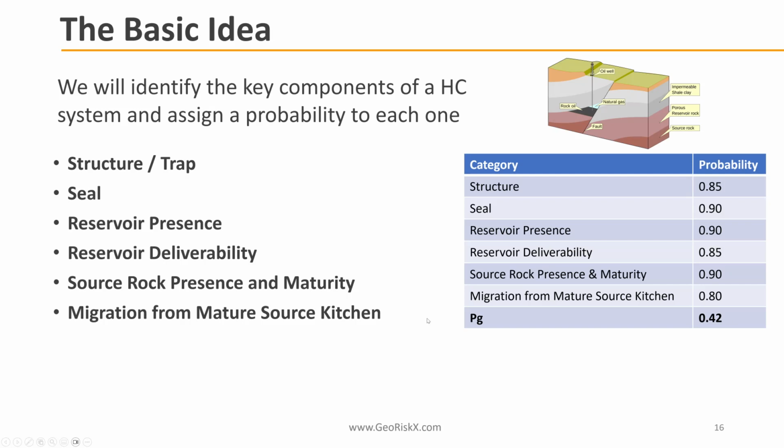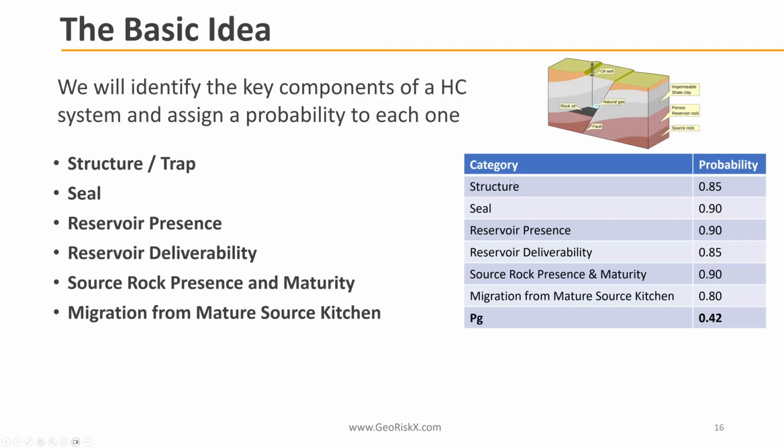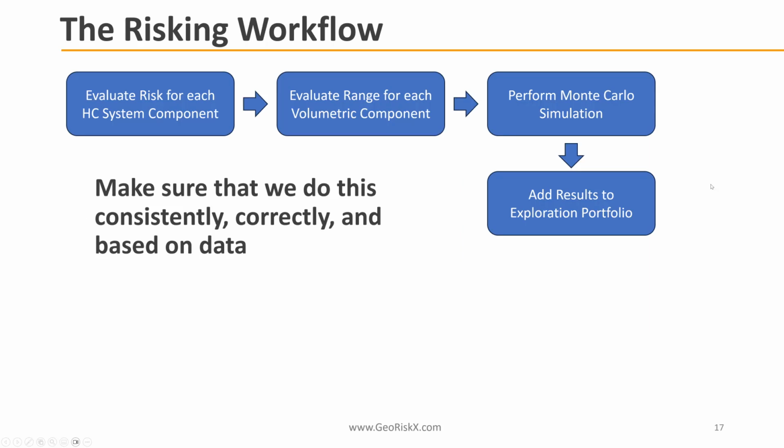Okay, so here is the process that we will use going forward and that we'll work to. So the first thing that we are going to do is what we just talked about on the previous slide. We're going to evaluate the risk for each hydrocarbon system component. So we are going to walk through each of these, and we are going to determine what is the marginal probability of each of these.